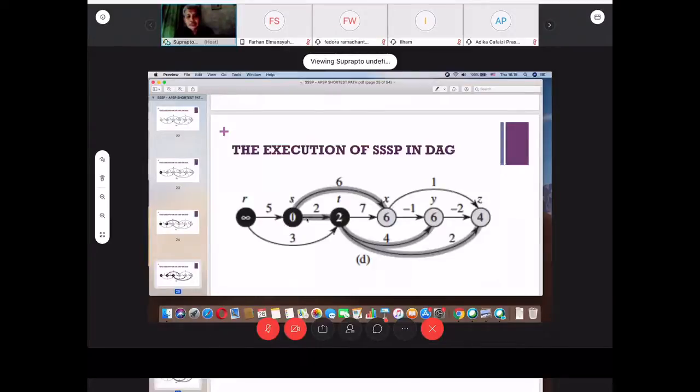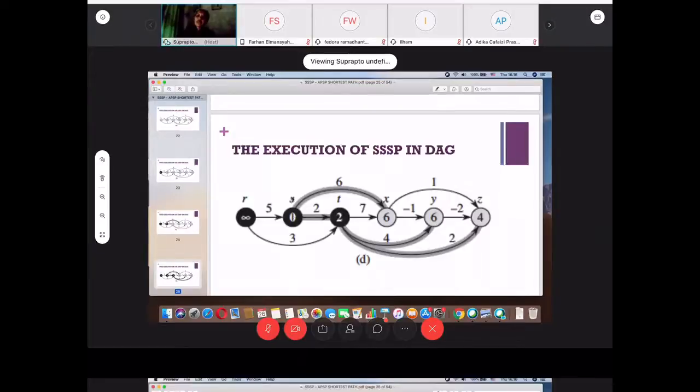How about the last one? The last one is 2 plus 4, which is 6. So we have 3 weights, which are 5, 8, and 6. And 5 is the smallest. So the shortest path from S to Y is updated.